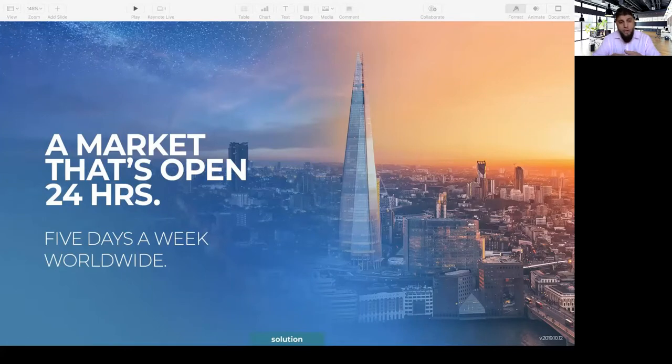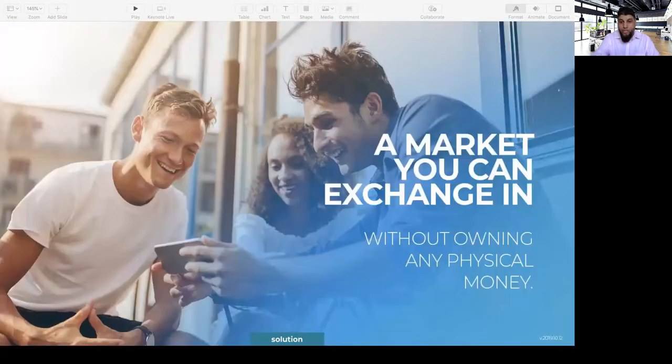A couple of years ago, I was in Dubai on the beach, and I had my mobile phone with me, and I was transacting on the beach whilst on holiday. You don't necessarily need a laptop. If you have a smartphone, whether it's an Android device or an iPhone, you can operate the largest and most liquid financial market in the world. And that's what we're going to teach you today.